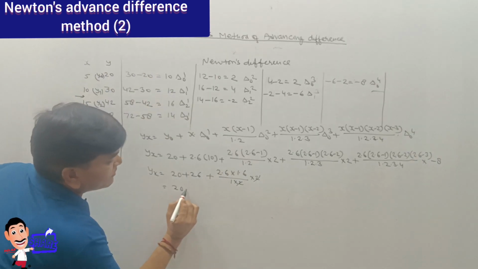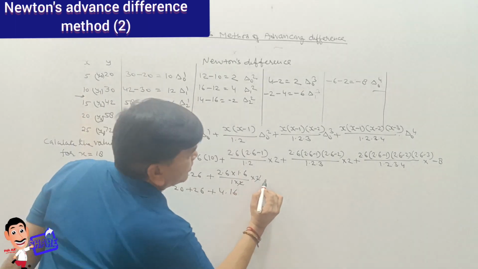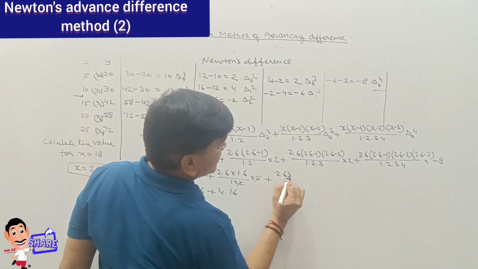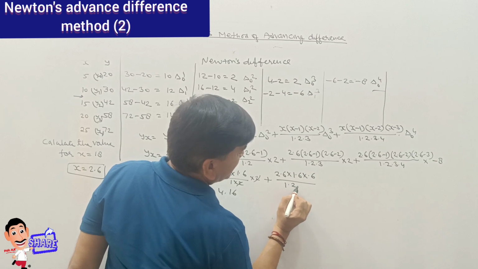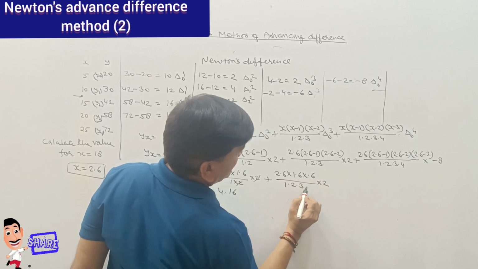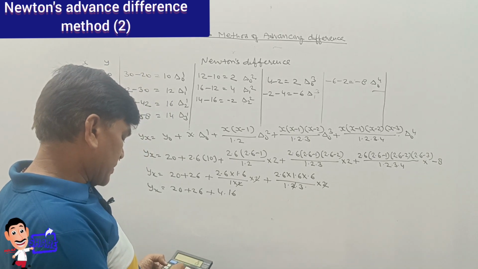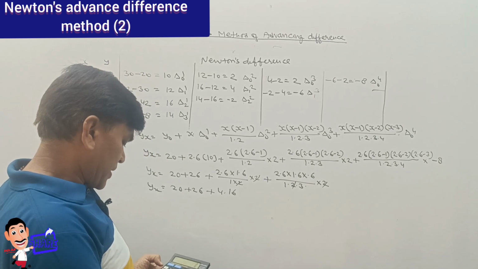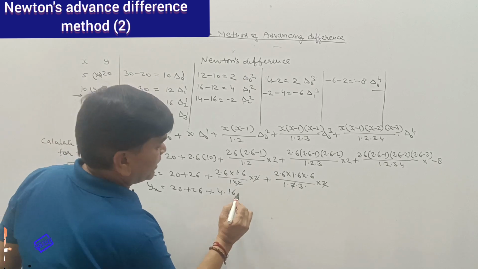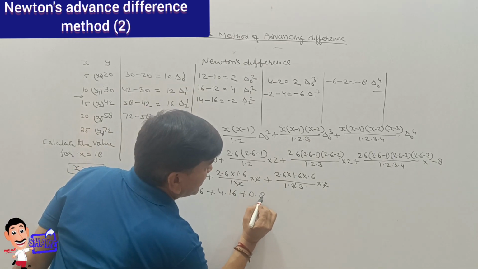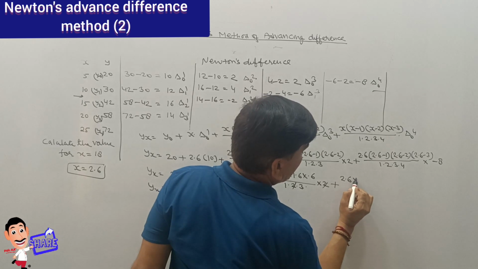So 20 plus 26 plus 4.16, plus 2.6 multiply 1.6 multiply 0.6 divided by 1 multiply 2 multiply 3 multiply 2. So that is 2.6 multiply 1.6 multiply 0.6 divided by 3, so that is 0.832.